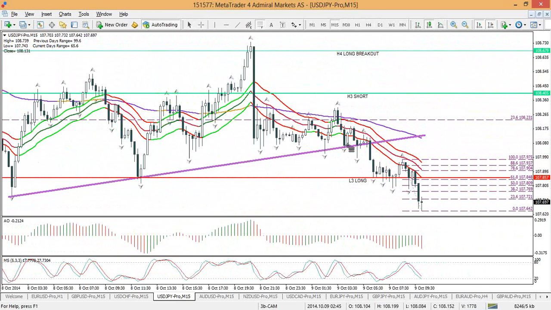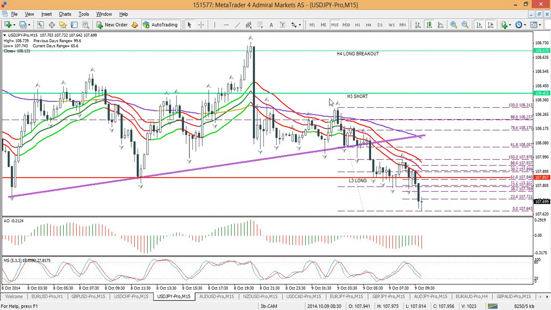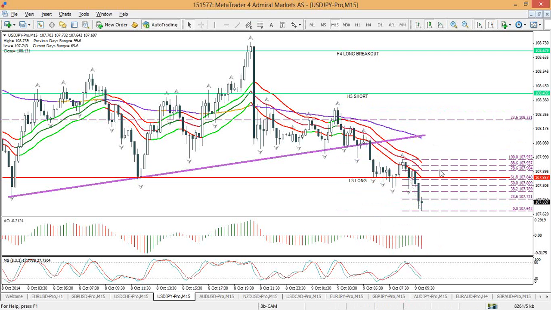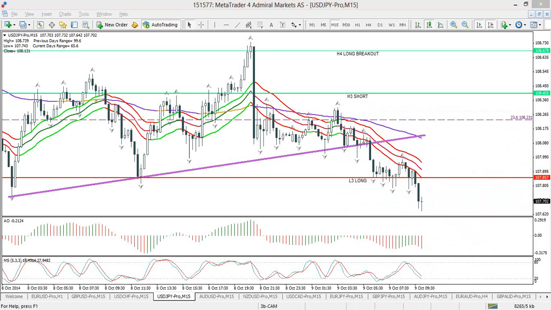So let's put both fibs on, the last one and the bigger one. Maybe the 38.2 at 107.90 is more realistic. Okay, so I'll put a pending order there.